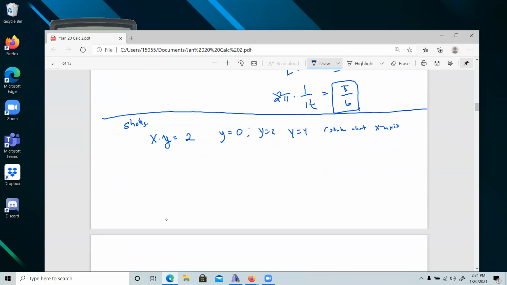Since it's talking a lot about y's, what we're probably going to do here is say that x is equal to 2 over y. That's probably what we're going to be dealing with here. But we could also turn this around. We could say that y is equal to 2 over x.